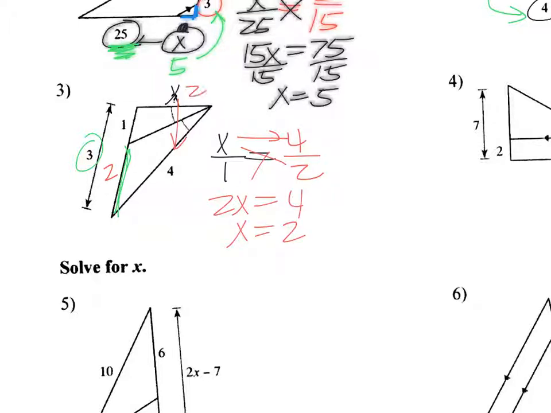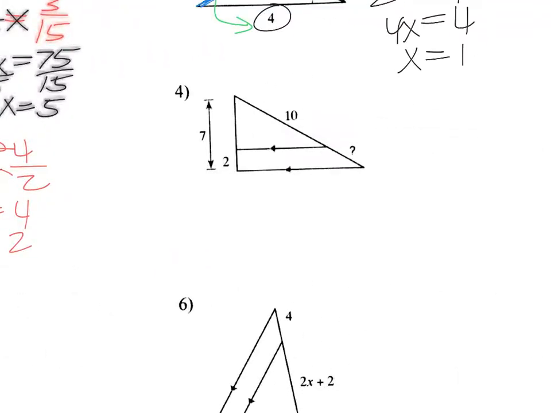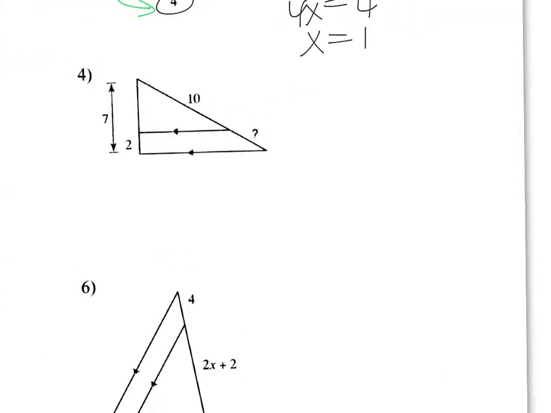Check your answer, see if that makes sense. A 1 with a 2 with a 4, that makes sense. Okay, here's another one. We don't have the other part, but I know this is 5. Why? Because 5 plus 2 gives me that 7. So now I can do my part thing. So I'm going to say 5 over 2 has to equal 10 over x.